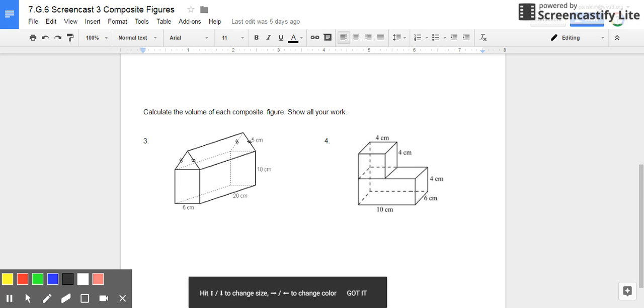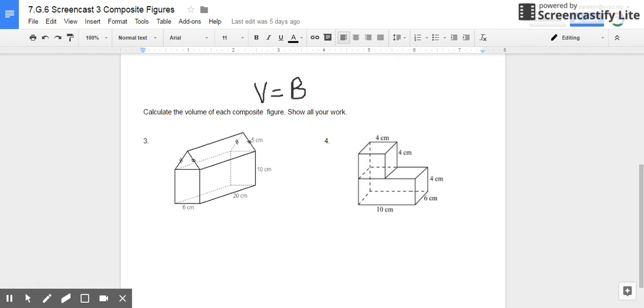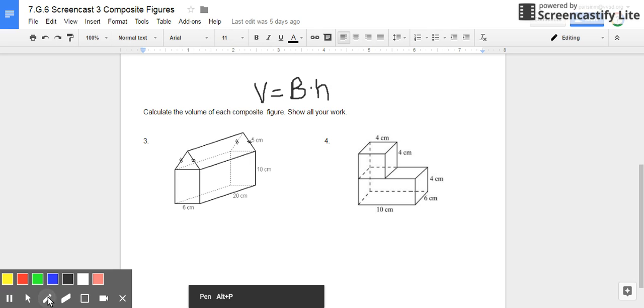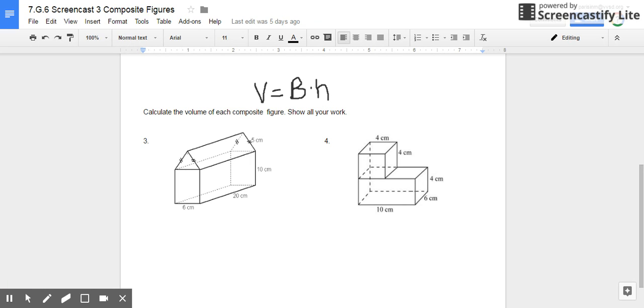We know that the formula for volume is going to be the area of the base times the height. So if we look in this figure right here, let's start off with this triangular prism.